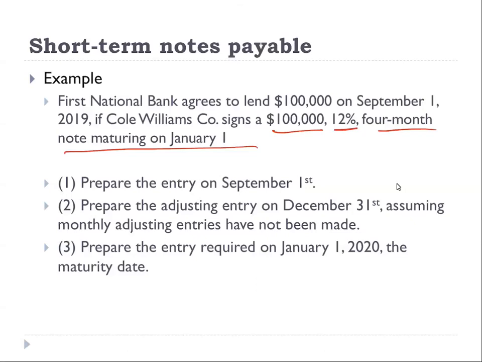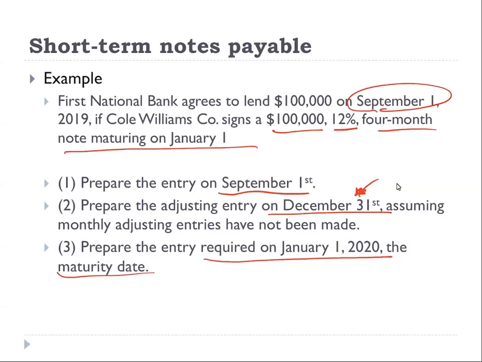First of all, the agreement is signed on September 1st. So what is the journal entry on September 1st? And then what is the adjusting entry on December 31st, which is the financial period end date? And what is the journal entry on January 1st, when this note was paid?